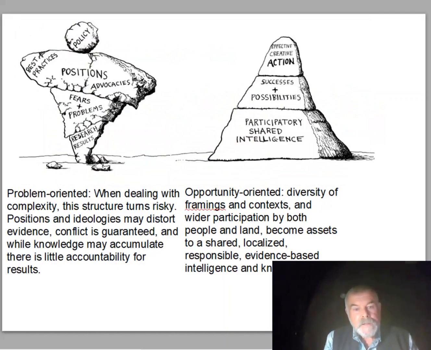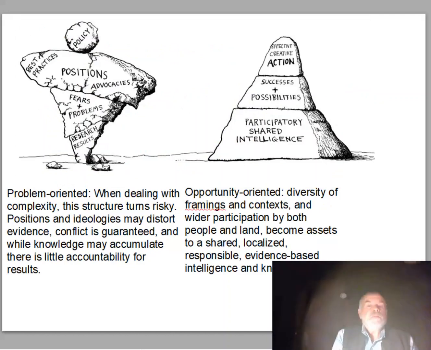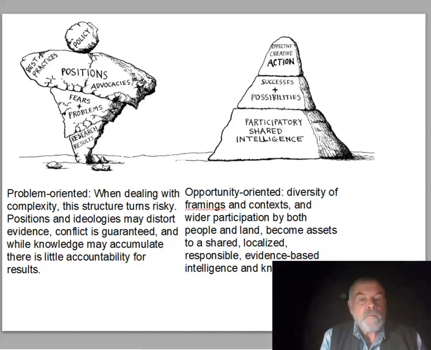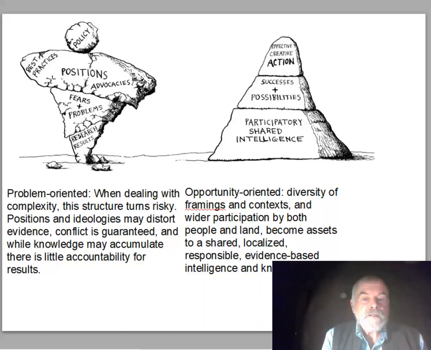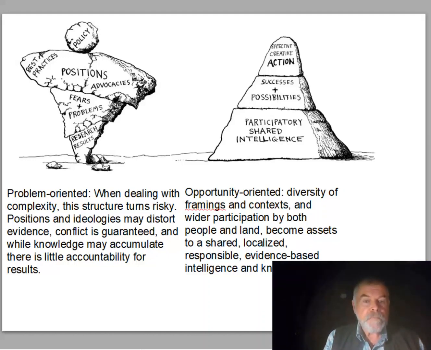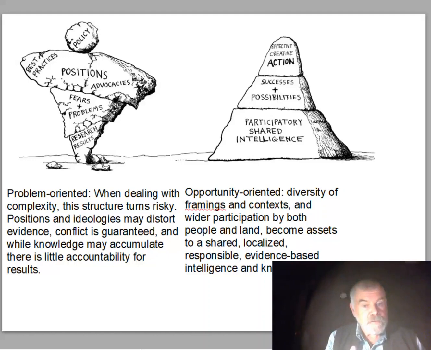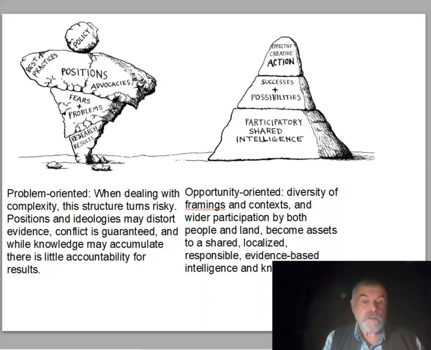What this is not is a research-centric data system or a closed silo where data is locked in and can't get out. Because we're dealing in these cases with complexity, not just simplicity, complexity, where the structure on the left is very risky because conflict is guaranteed, and while you may accumulate knowledge, there is little accountability for results.